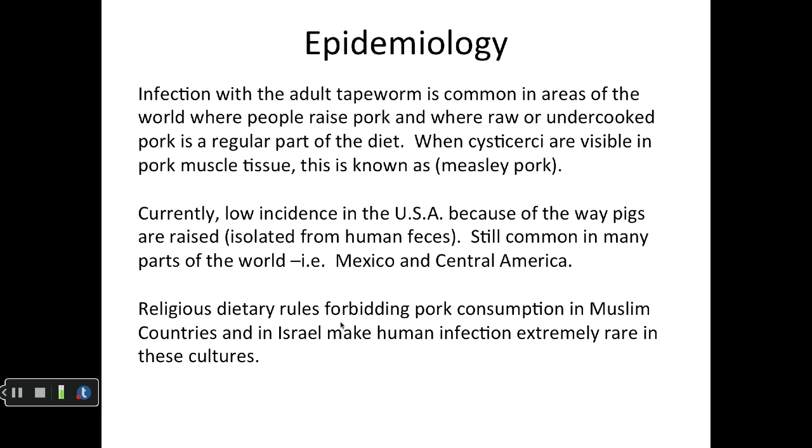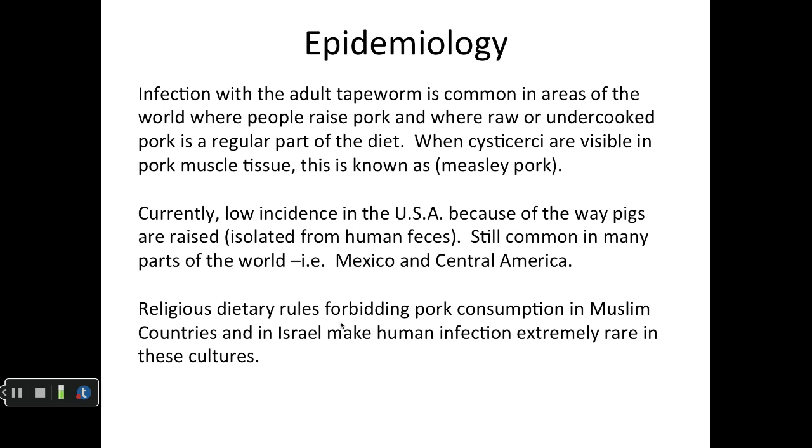Taenia solium infection is common in areas of the world where people raise pork, and especially where pork is eaten raw or undercooked. The cysticerci are clearly visible in the pork tissue, and as I've said, in some endemic areas, it's actually recognized as having a favorable effect on the meat.